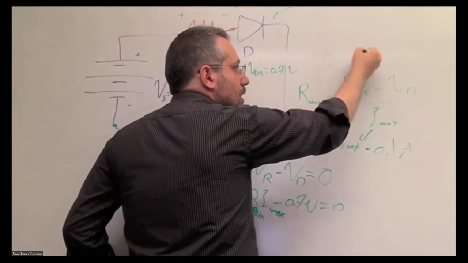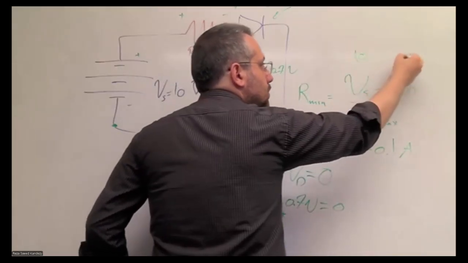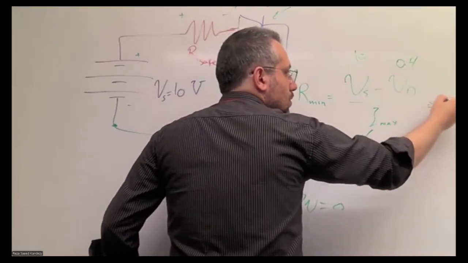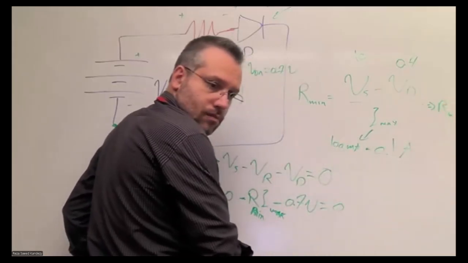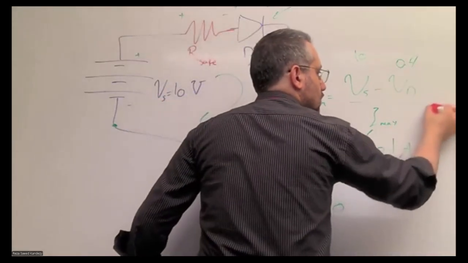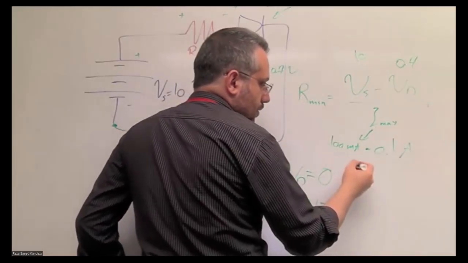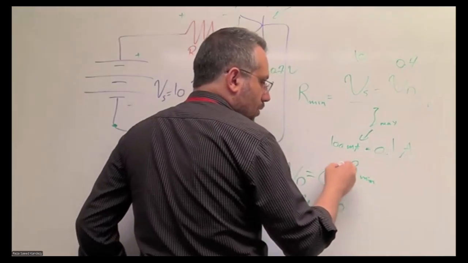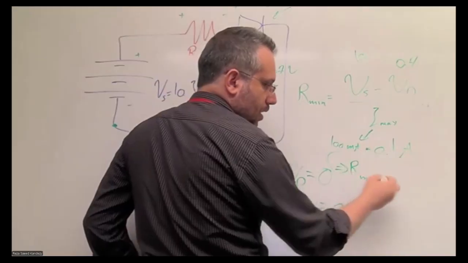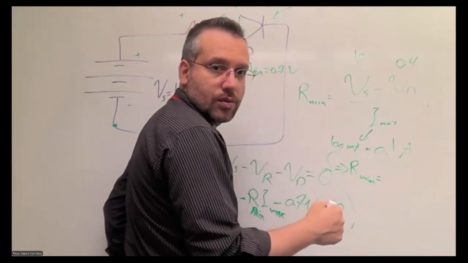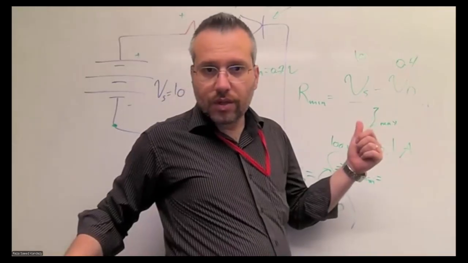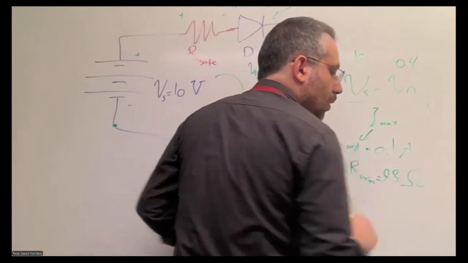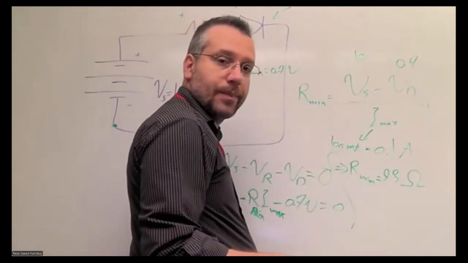Our Vs is 10 volt and our Vd is 0.7 volt. So the minimum R, doing the math, becomes equal to 93 ohm. You can do the math.